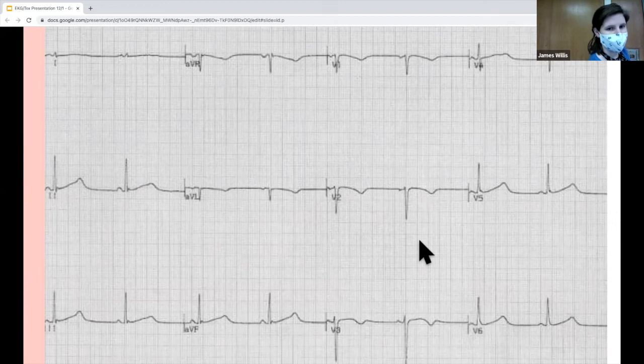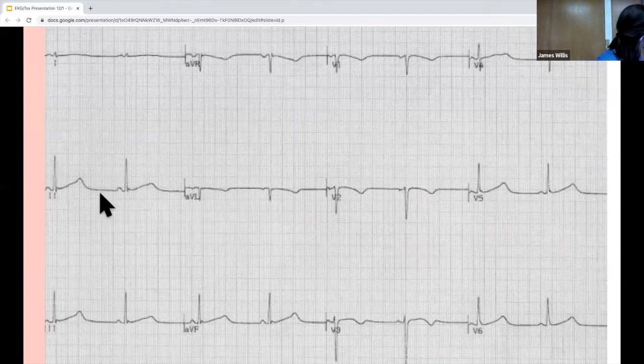For time, we're going to focus specifically on intervals. So can someone look at the PR interval and tell me normal, short, long? Short, okay. And the QRS duration, and for those who just came, we look in lead 2: narrow or wide? Narrow, okay. And then the QT interval, a little long.